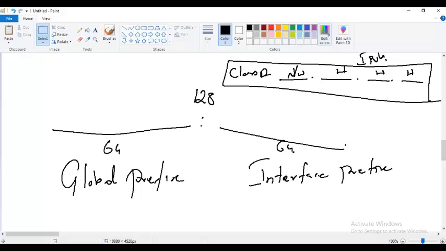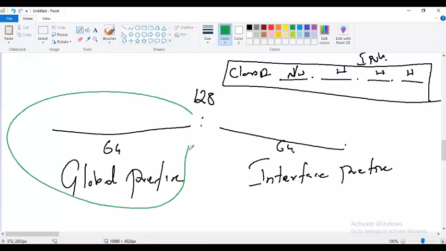Now, instead of calling it a network bit, the 64-bit is called the global prefix. We don't call this network bits or network prefix, global prefix to identify the network. And here we don't call it host ID, we call it interface prefix.